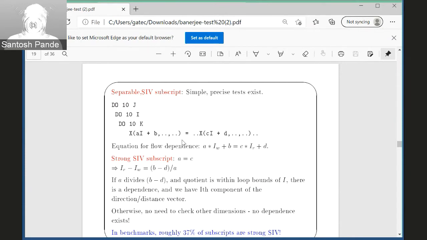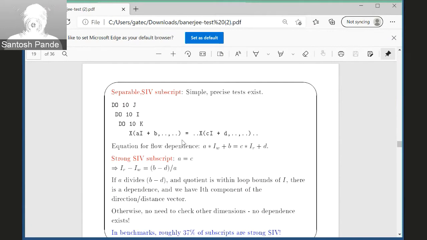Now, what is the second condition which is at play here? The second condition is this: IR minus IW is giving us some kind of a distance vector between the iteration which originates the dependence and the iteration which is the sink for the dependence.